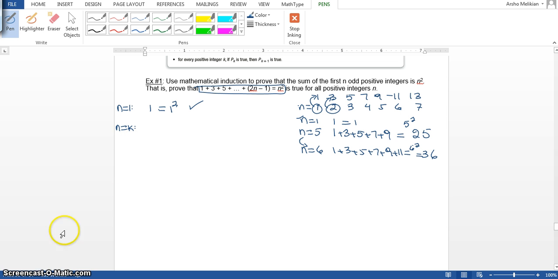Now, for this case, all you have to do is take the equation that you're trying to prove, literally copy it over, and just change n to k. So 1 plus 3 plus 5 plus dot dot dot plus 2k minus 1 is equal to k squared. Okay? The next case is for k plus 1. So what happens if we put in k plus 1 here?